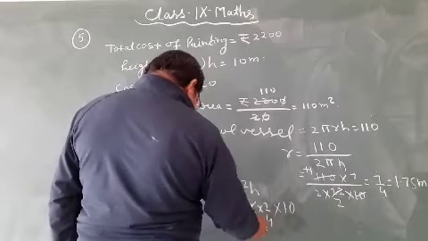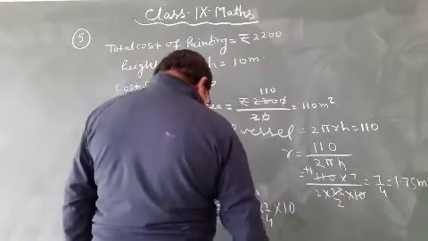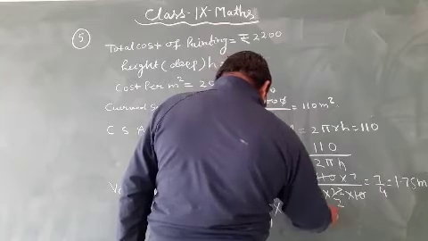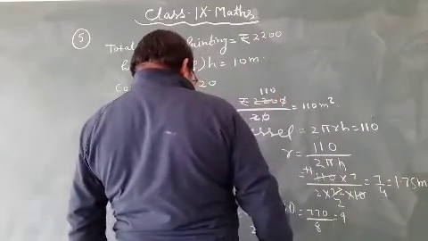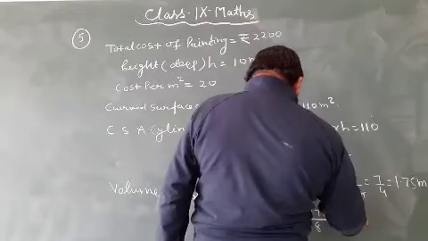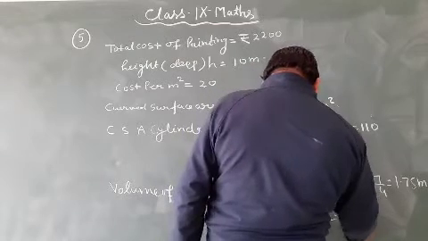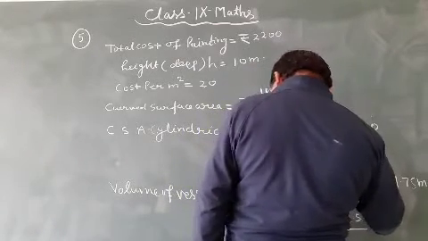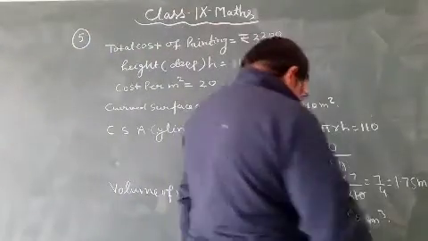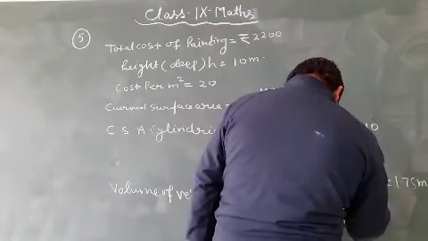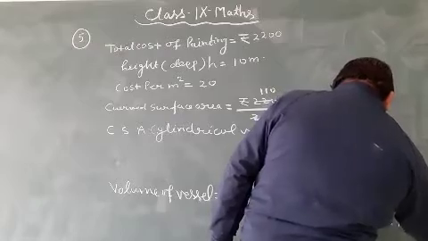So 7 cancels, and we get 96.25 meter cube. Clear? 96.25 meter cube is equal to 96.25 kiloliter.